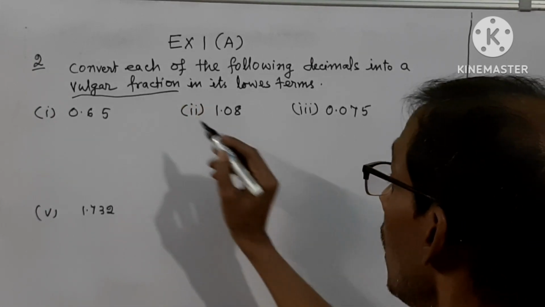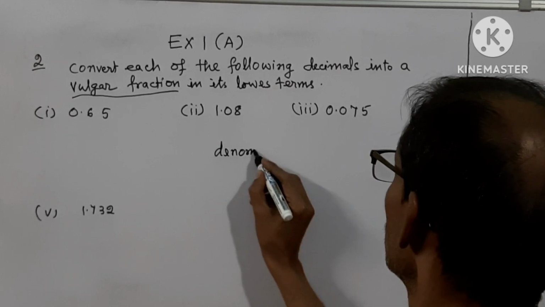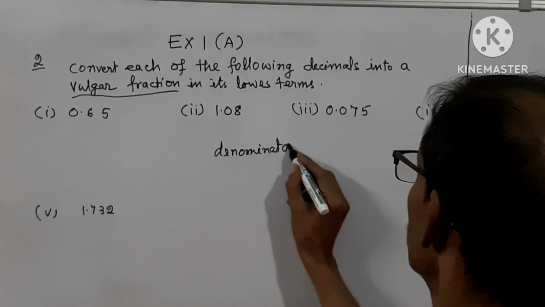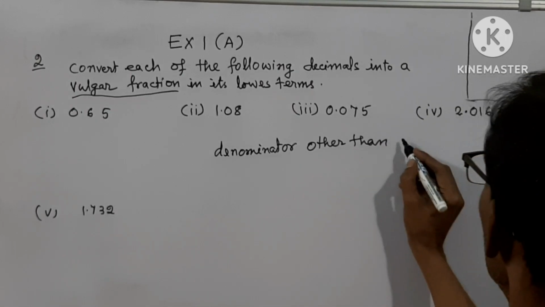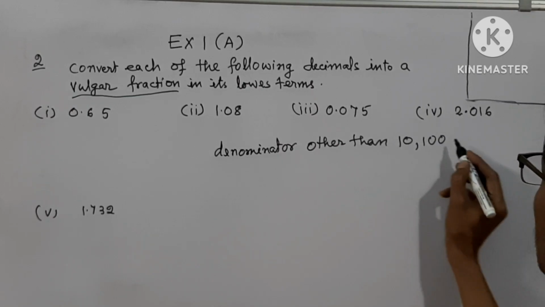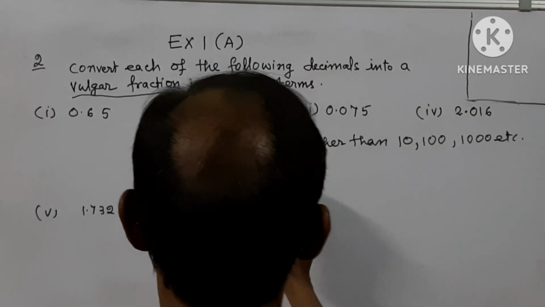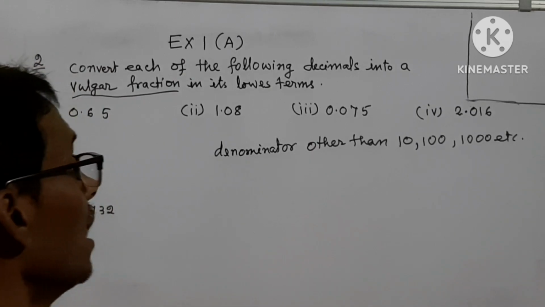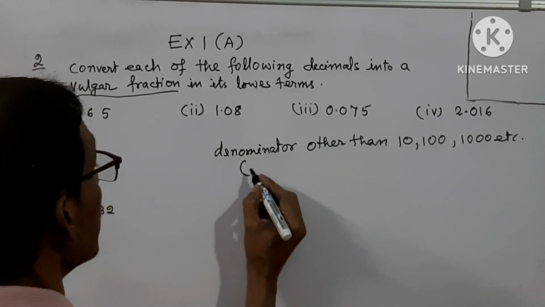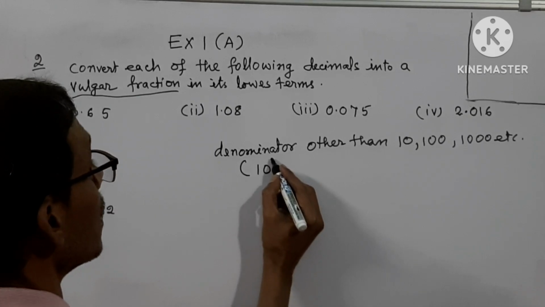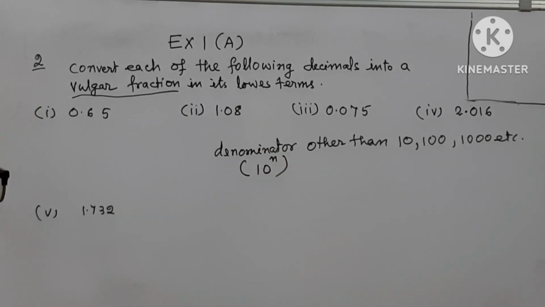That means the denominator is other than 10, 100, 1000, 10,000, etc., that means 10 raised to the power n, where n is any natural number.